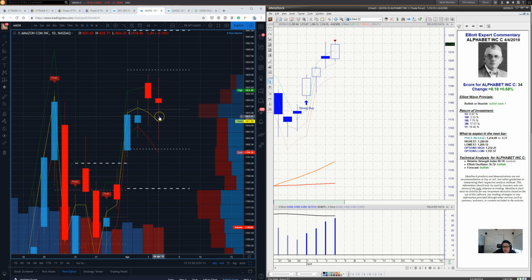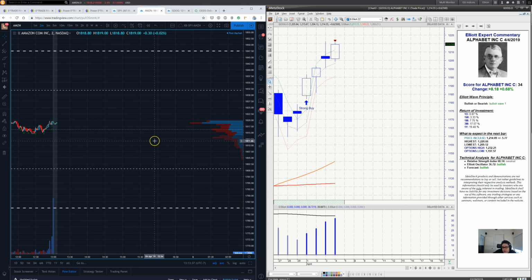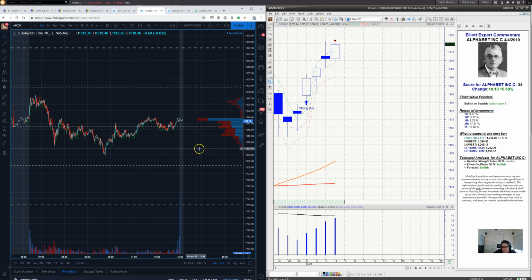So if it closes at 1,818, the median is 1,811. All this is telling you is that it's this line here, the middle one. It's telling you that the bear movement is expected to continue, and we can see that there's not a lot of momentum in Amazon right now.